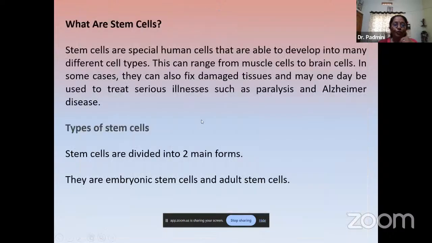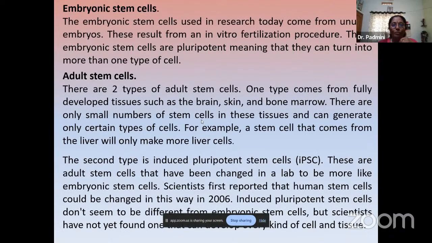So this is going to form the complete adult human, or any species that it's going to form. Embryonic stem cells are pluripotent, meaning that they can turn into more than one type of cell. That's the importance of embryonic stem cells.